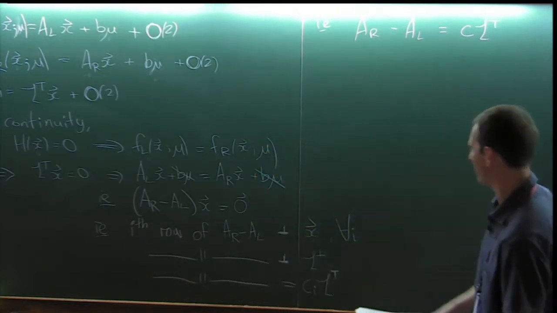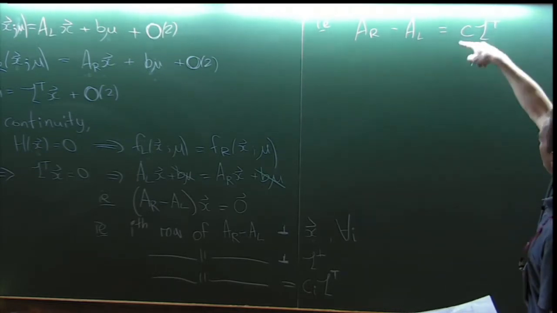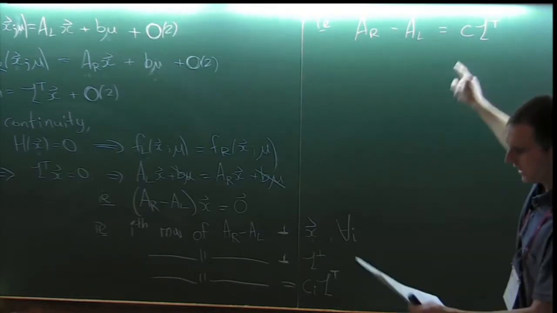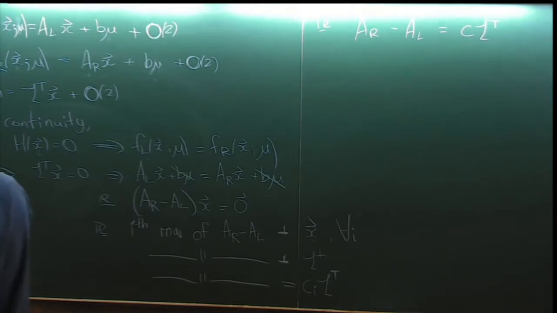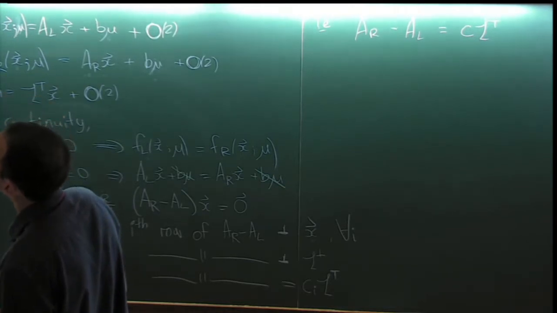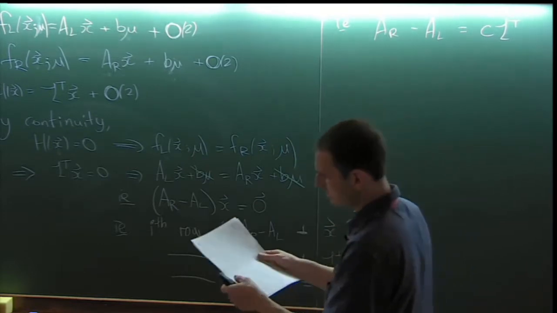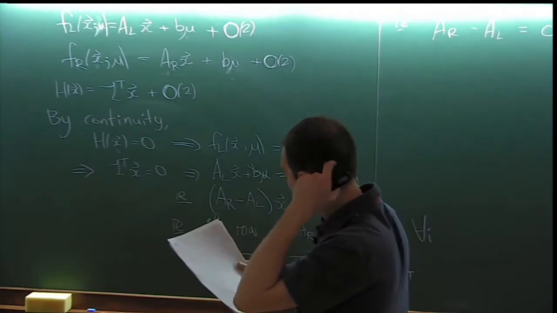I want a row vector over there. Yes, so this difference is a column vector times a row vector. So it's an n by n matrix. It's a rank 1 matrix. Okay, so going back again. Here we go.